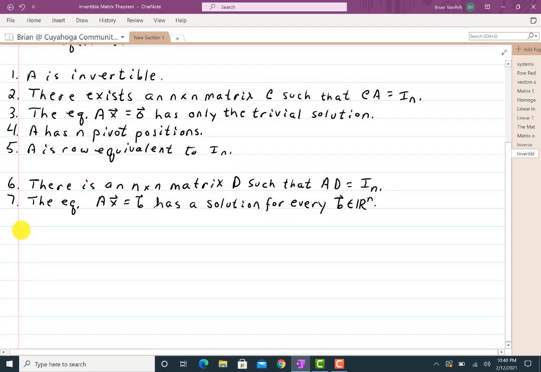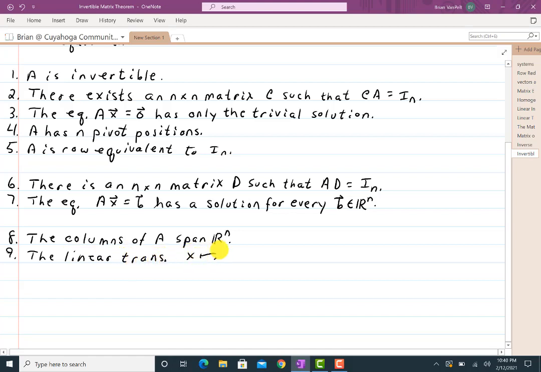I told you there's 12 of them. I'm going to group the next two together. Number 8, the columns of A span Rn. 9, the linear transformation x to Ax is onto Rn.